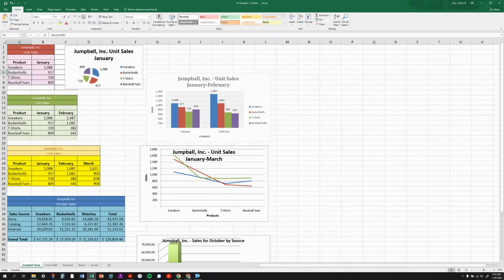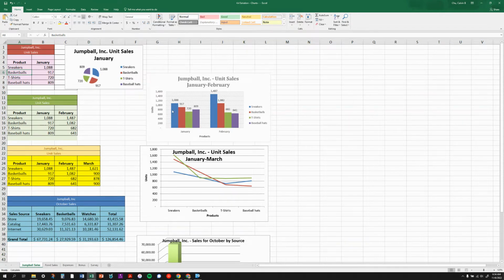A couple things as we're thinking about charts as well. We've got different types of charts. Again, this one here is a pie chart, which compares to a whole. We've got column charts, which allow us to compare data over time or across different sets of values.